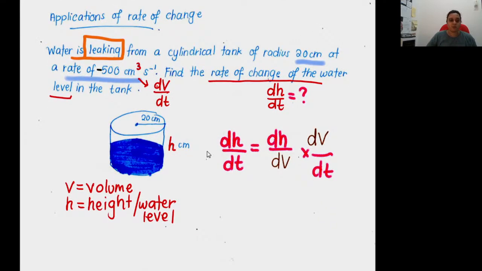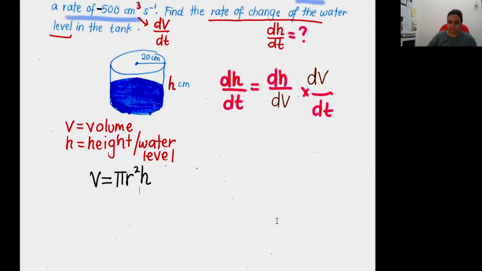Now what is the volume for a cylinder? We already wrote this just now, right? Pi r square h. So from here let's find dV dh. Before that, I think we need to substitute the radius first. The radius is 20, isn't it?